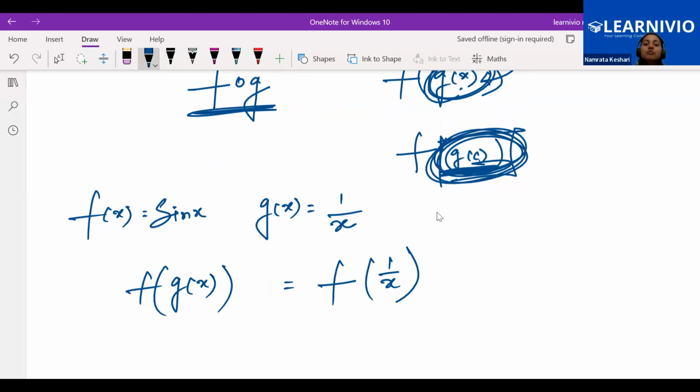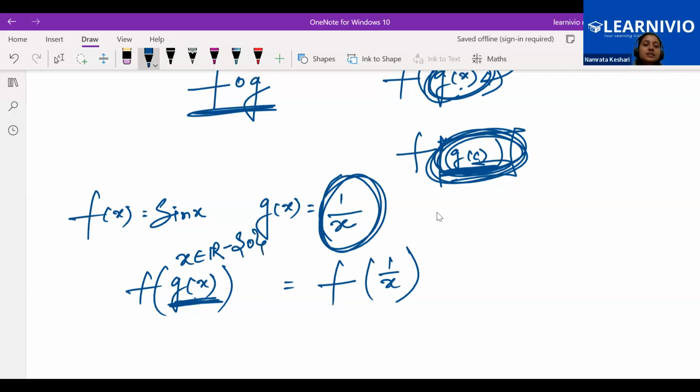So while finding the domain and range over here, when we are thinking about the domain, we think it like this: what can be given as an input to this function g x? Our answer is we can take any x value but not 0. So for this g x function, all the real numbers are acceptable except 0, right?